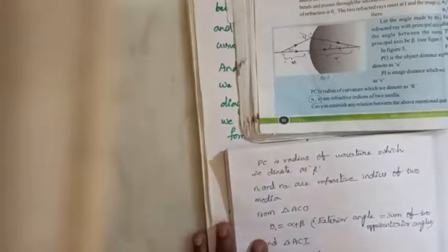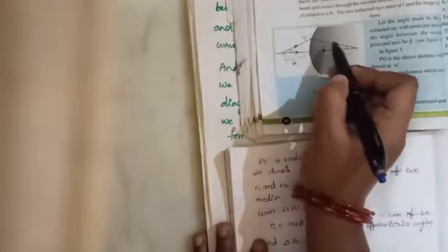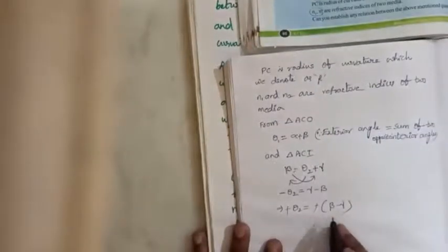We need theta 1 and theta 2, children, because here we are considering the angle of incidence and angle of refraction. Theta 1 is the angle of incidence and theta 2 is the angle of refraction. That's why I want to draw these two. So transposing theta 2 here, minus theta 2 is equal to gamma minus beta. If we take minus common, we get theta 2 is equal to beta minus gamma.